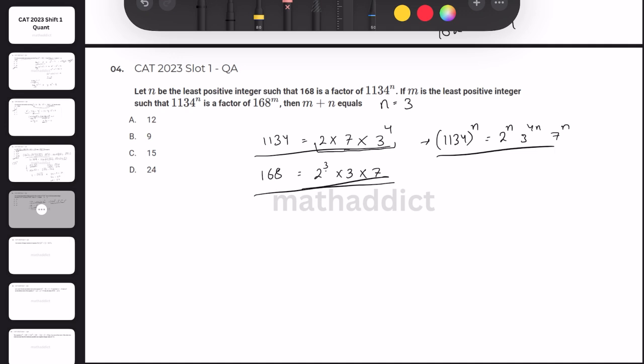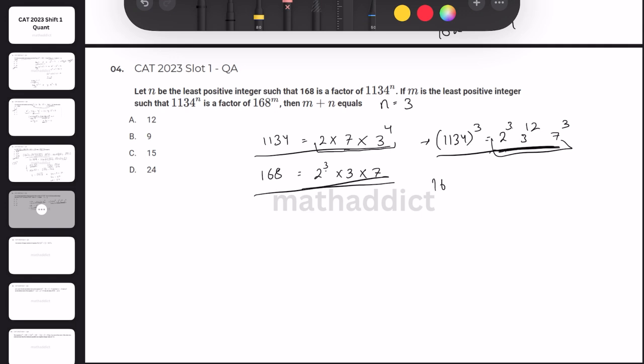So n is 3, so let's replace this by 3, which will make this... so this becomes this, and now we need that this number divides 168 to the power of m.